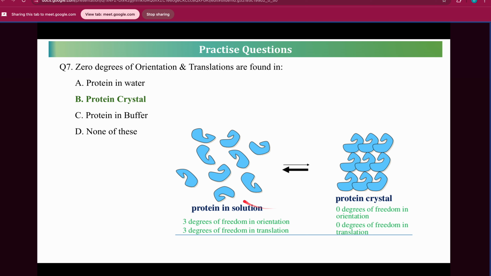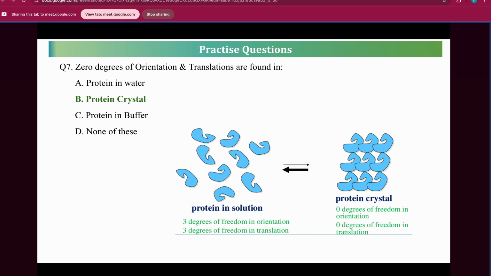There is lesser noise as compared to protein in solution. So 0 degrees of freedom of orientation and translation is found in protein crystal, not in water, not in buffer, and none of these is also not right because the right option is protein crystal. So I hope you got the idea why it is 0 degrees of orientation and translation in protein crystals.